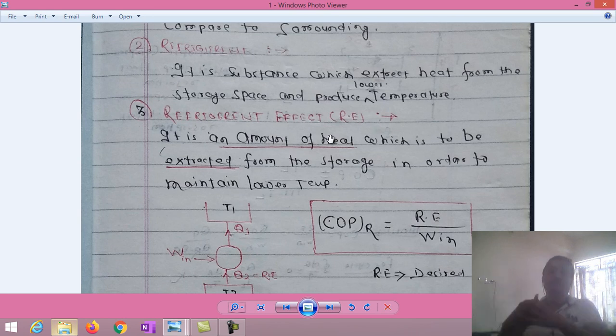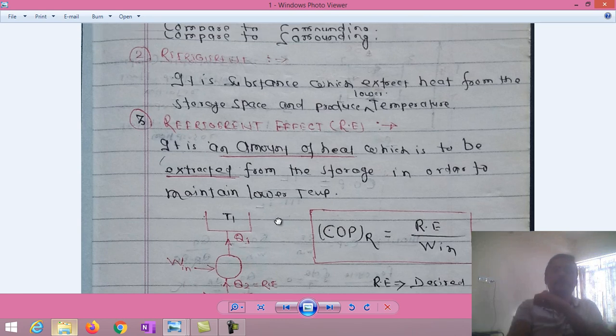Whatever amount of heat is extracted from the storage space so that the lower temperature could be maintained inside the refrigerator, this is called refrigeration effect, right? So it is the amount of heat which is to be extracted from the storage in order to maintain lower temperature, right? So this is the diagram of this one.